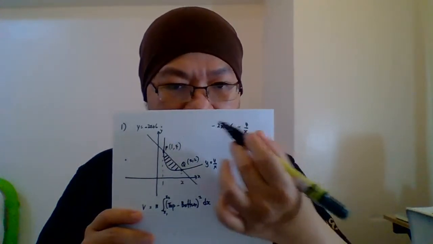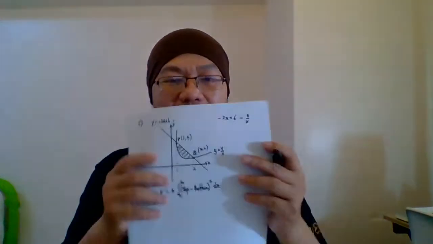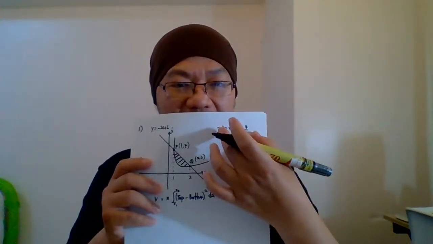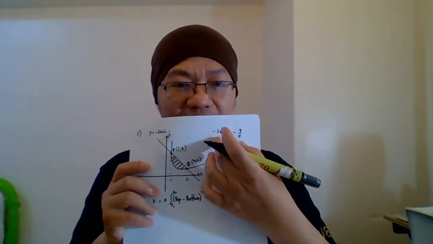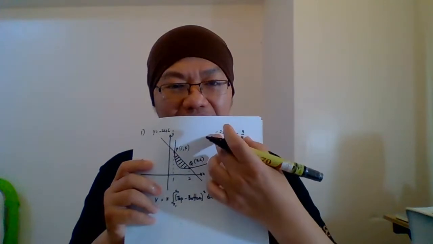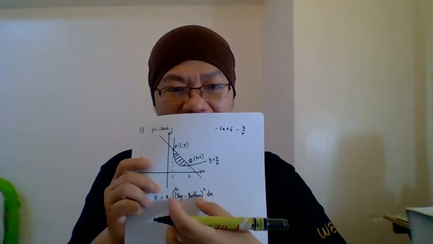We don't need to simplify because this is already in terms of x, against the x. So cut and paste it here, but don't forget the square.